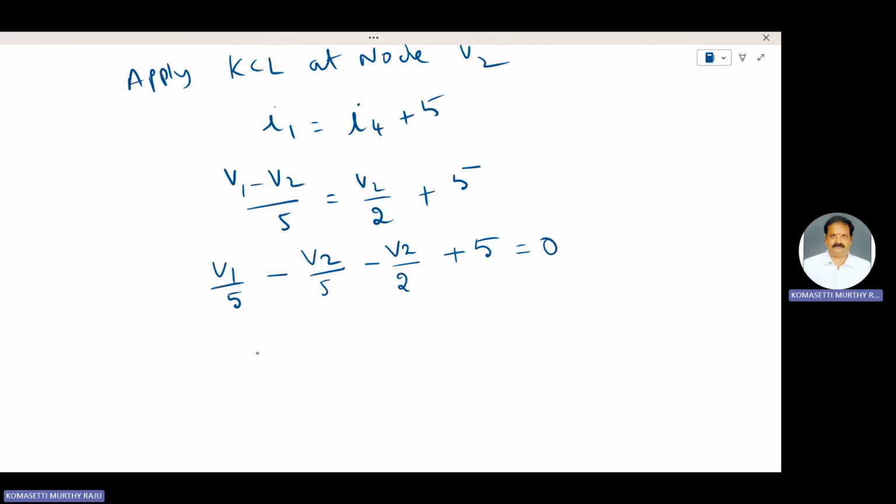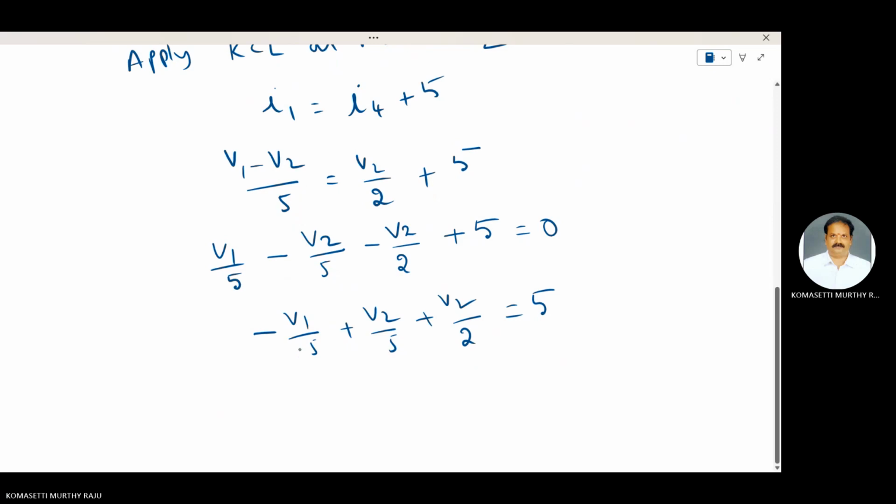That is, minus V1 by 5 plus V2 by 5 plus V2 by 2 is equal to minus 5. Arrange in proper order.